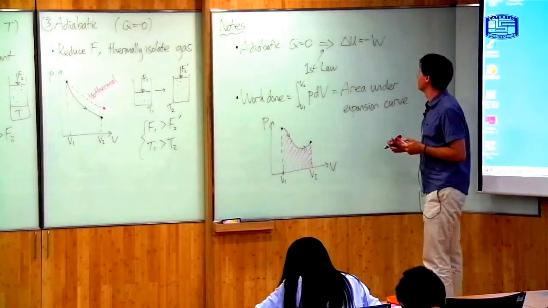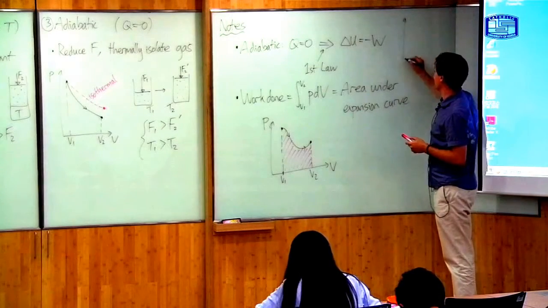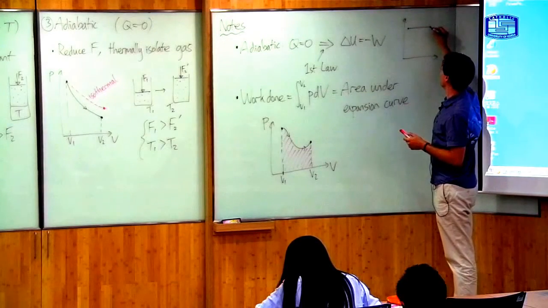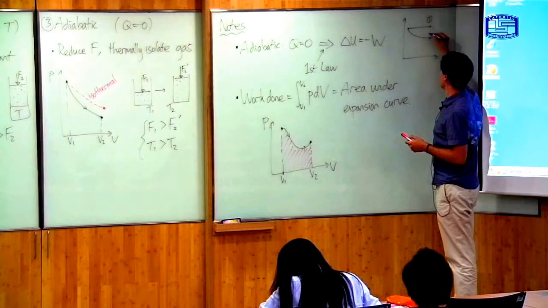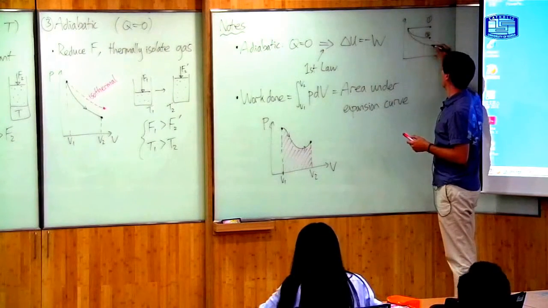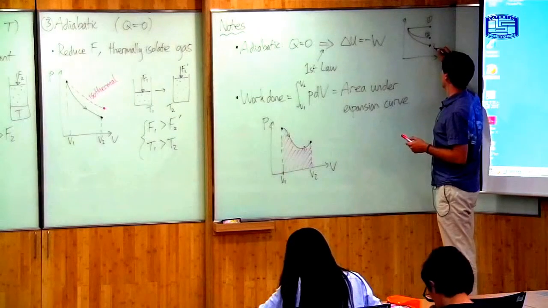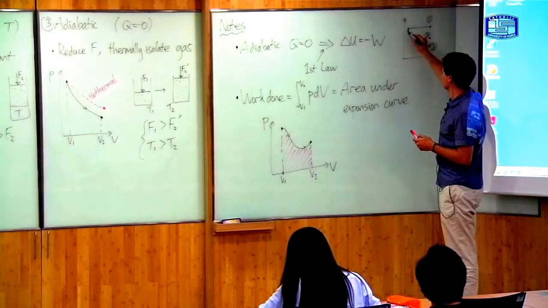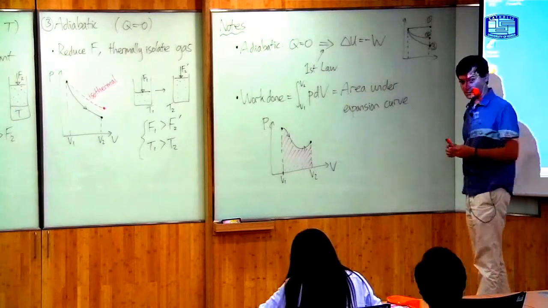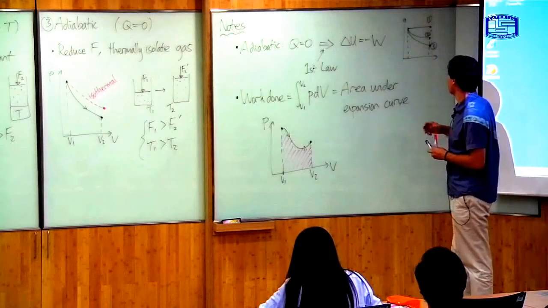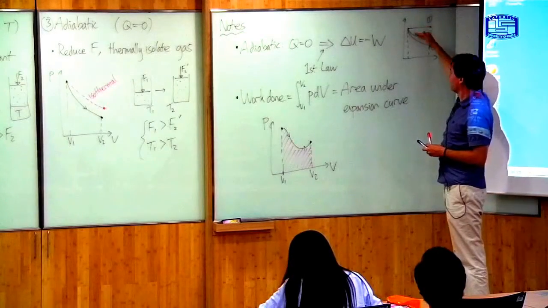Right? So if we look at those three kinds of expansions we had, the first was isobaric, the next one was isothermal, and the final one was adiabatic. The work done in each expansion is given by the area under the curve.